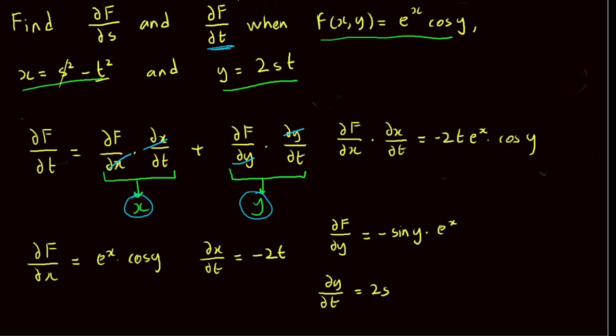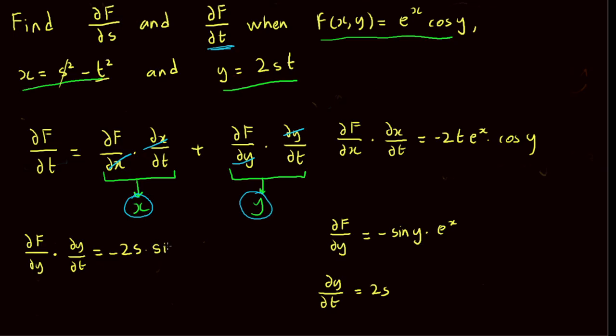I'm going to have to erase this, just to create space. Hopefully you don't mind. So therefore del f del y times del y del t is just negative 2s sine y e to the power of x.